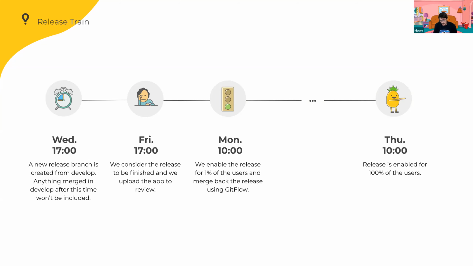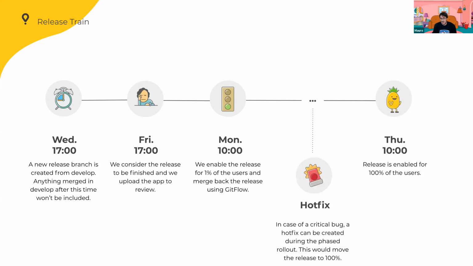But then some of you may ask, what if one of the hotfixes that Roldan mentioned before comes in, how would this train change? Basically, from Monday at 10 to Thursday at 10, we have the chance to release any hotfix that we deem reasonable. So if there's any critical fix that we need, a spike in crashes or anything that we really, really need to hotfix and it cannot wait for the next train, because bear in mind that this train is weekly, so there's not much to wait until the next version of the app goes live.